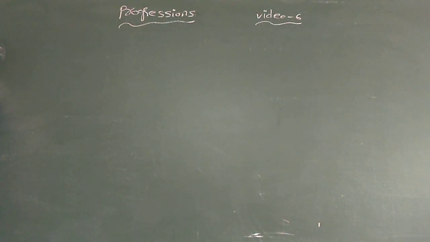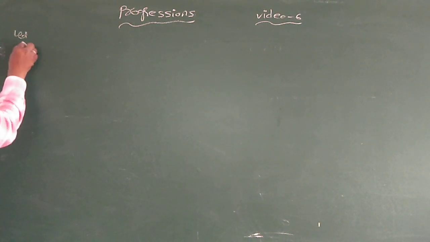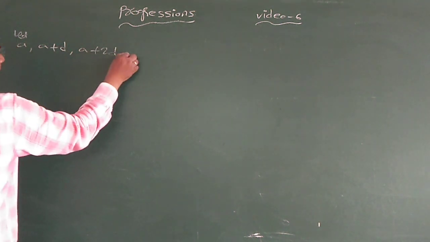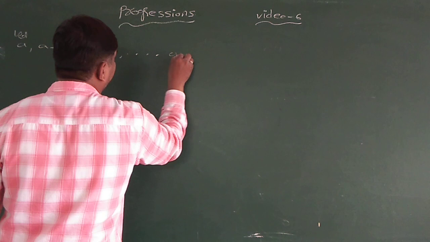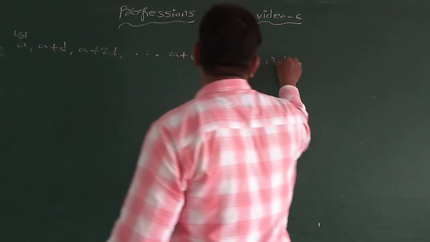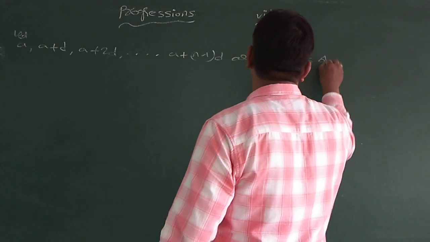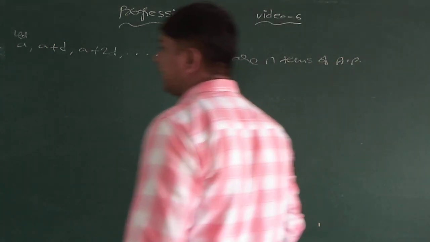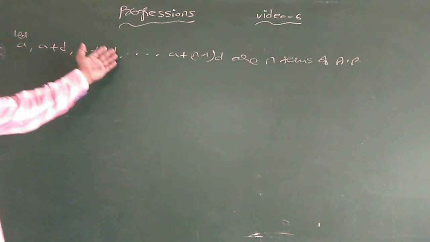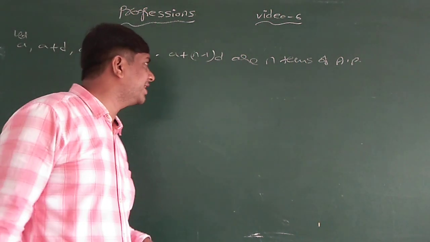See here. Let us suppose a, a plus d, a plus 2d, and so on, a plus n minus 1 into d are n terms of an AP.